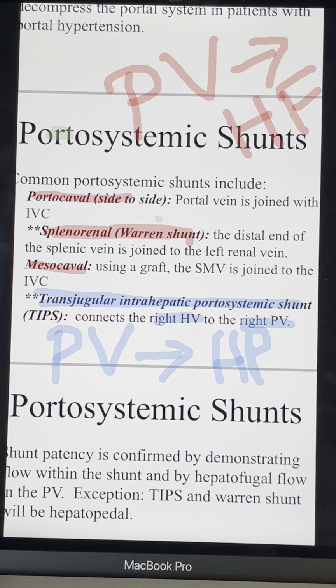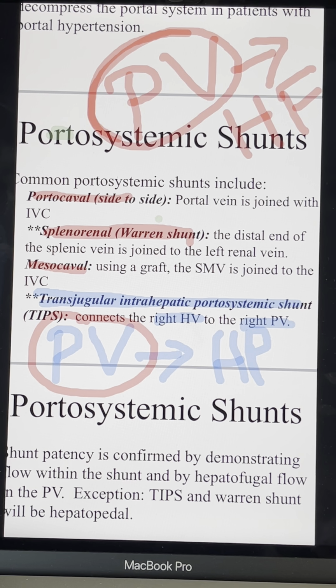Yes, go ahead. In the notes it says exception TIPS and Warren shunt will be hepatopetal. I will tell you a little more because there is something else to it. When you read the note, it says in shunt, I believe, but we are talking about in portal vein. So right now on this slide, we are specifying the blood flow in portal vein.